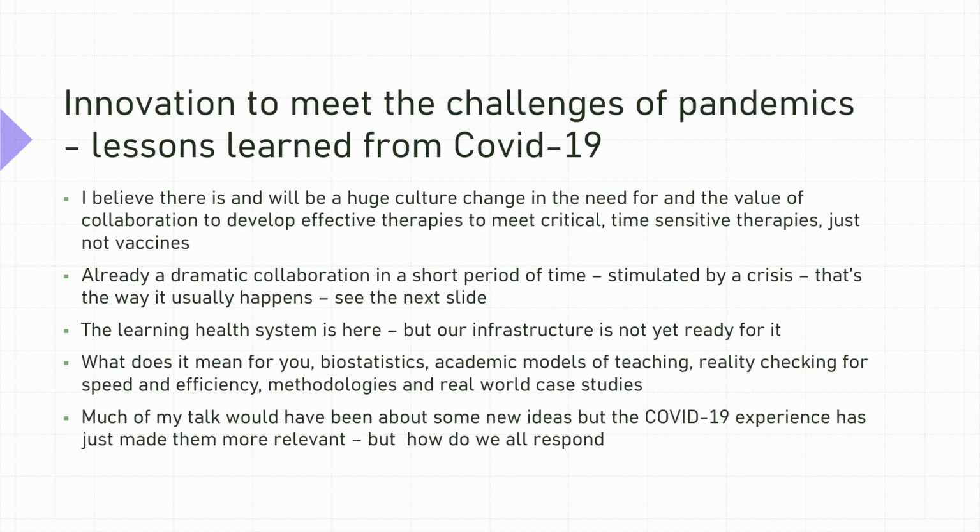And I think that regulatory science is one of the things that could move into this space and maybe get a stimulus from the crisis that we faced with the COVID-19 experience. Much of my talk would have been about some new ideas, but the COVID-19 experience has just made them more relevant. And how do we respond in a timely way to evidence generation?